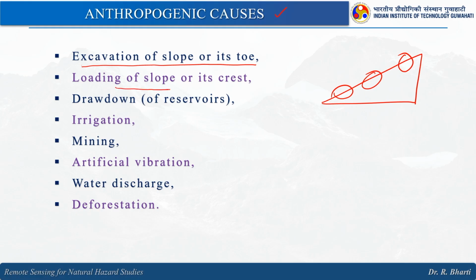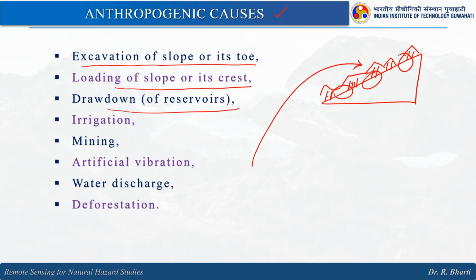Then loading of slope on its crest. So, there is extra loading because of some construction, right, or maybe big houses or restaurants or maybe hotels, that will also bring extra burden on this particular slope.